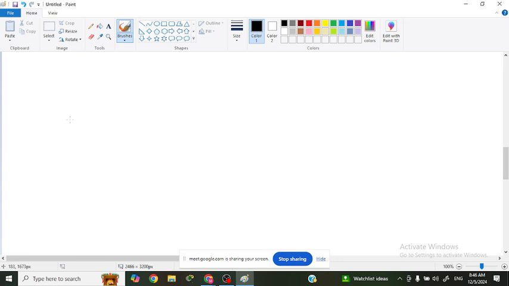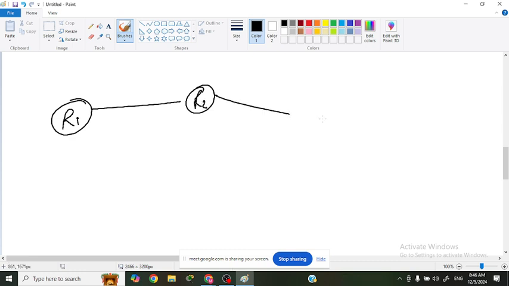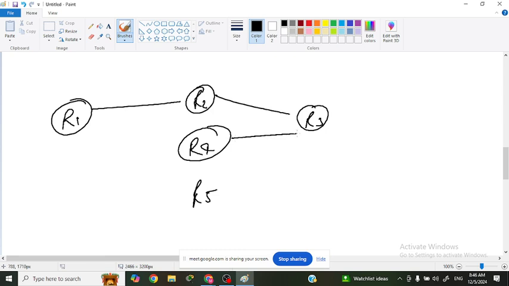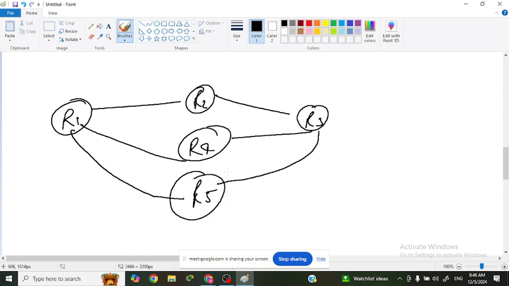Let's suppose R1, R2, R3, here R4, here R5, with costs 15, 5, 20, 15, and here 15 and 20.